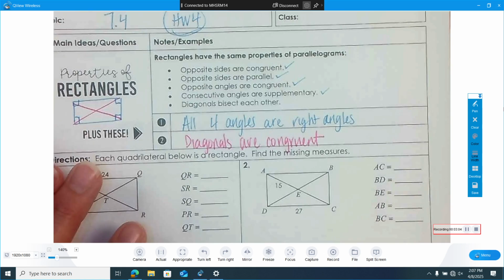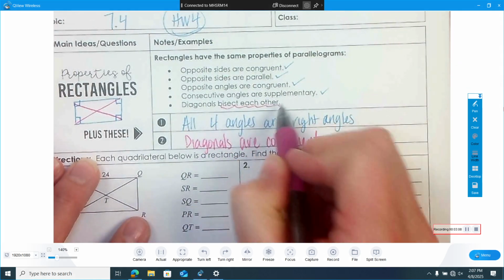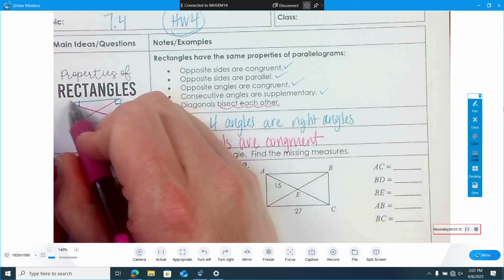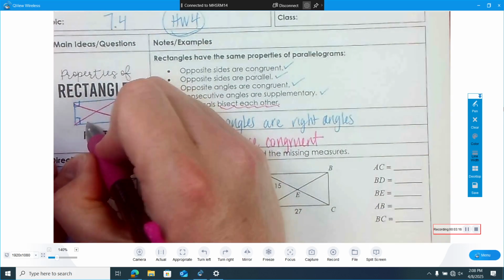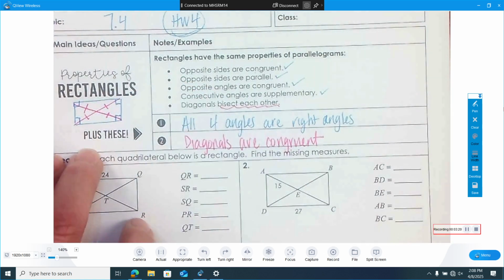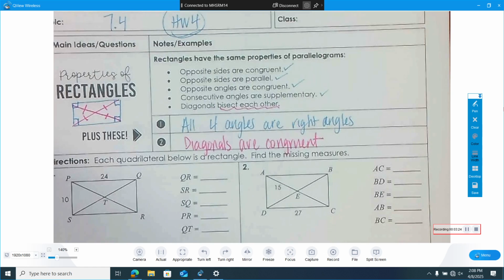Now, they are congruent, but from before, they still bisect each other. And so we have the whole diagonal start out at the same length, and then those little diagonals turn out to bisect each other. So in fact, we get four little baby diagonals that are all the same length, and that makes it kind of interesting.